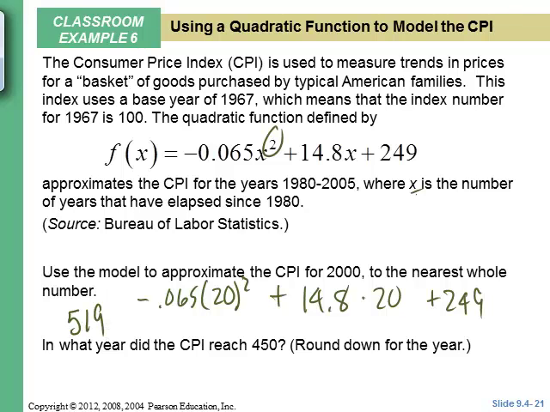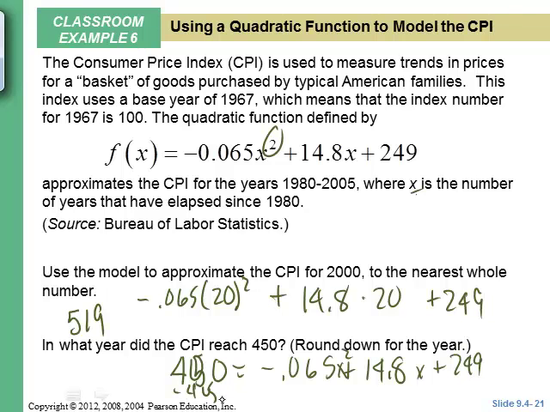In what year did the CPI reach 450? So 450 equals negative 0.065 x squared plus 14.8 x plus 249. Subtract 450 from both sides.